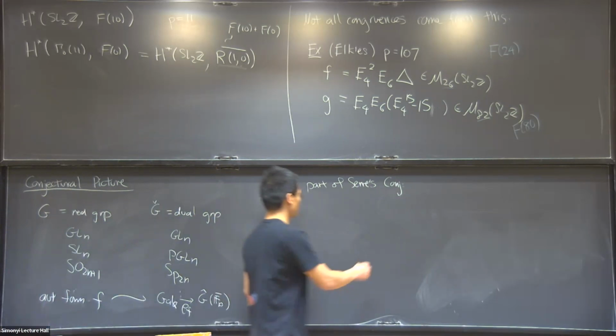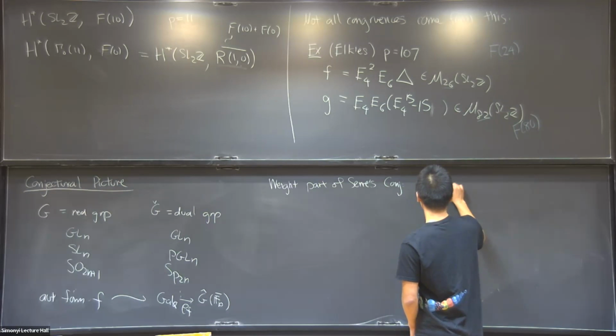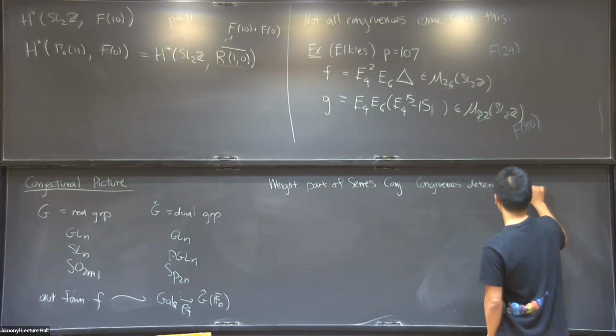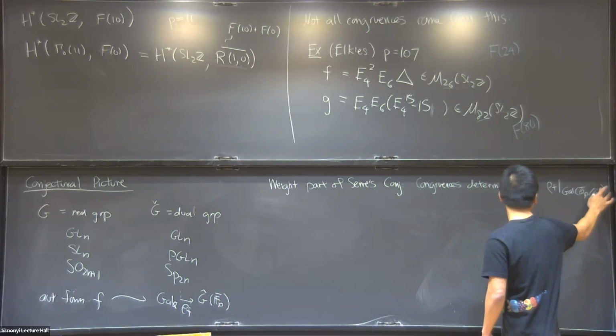Let me put this vaguely. Congruences determined by the restriction of rho to Gal(Q_p-bar over Q_p).